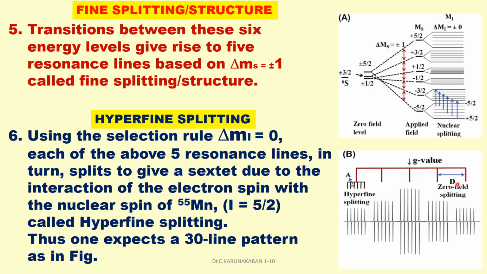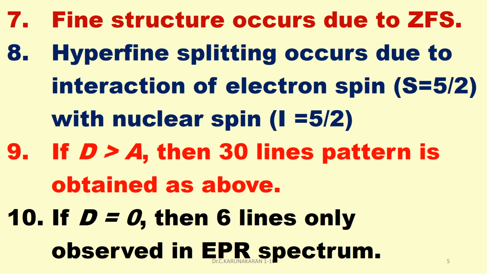Know this well: D is greater than A, right? Overall, fine structure occurs mainly due to zero field splitting, whereas hyperfine splitting occurs due to the interaction of the electron spin with the nuclear spin I equal to 5/2.